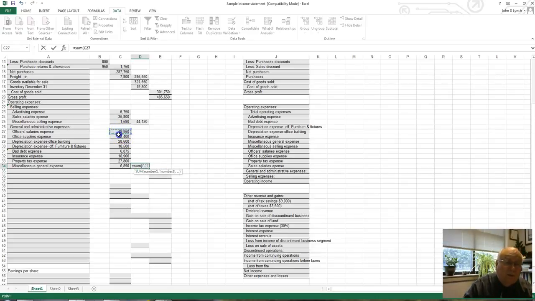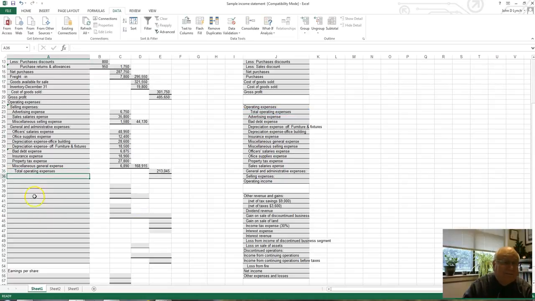Now, you add all those up. So all the way from the $48,900 plus the $12,400 plus $28,600, $18,500, $68.75, $18,900, $27,800, and $68.90 for a total of $168,915. Then you add the two expenses together, the $44,130 plus the $168,915 to get $213,045, and that total is equal to the total operating expenses.